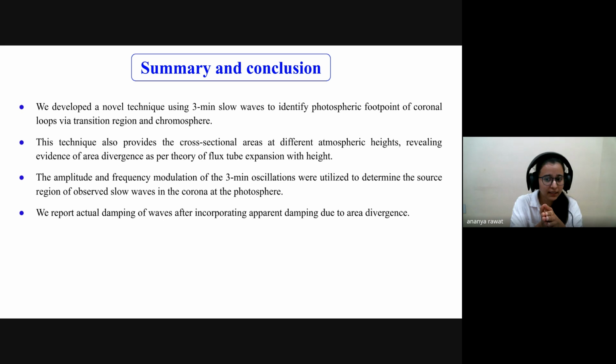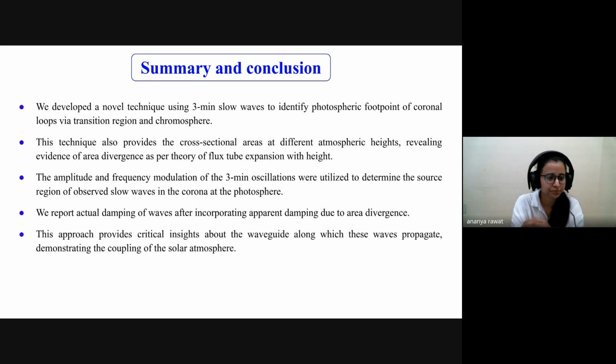After incorporating the area divergence on this apparent damping, we determined that a significant amount of energy is not lost by the wave, but is just getting redistributed, which is a geometric effect. So after incorporating the area divergence effect, we determine the actual damping of waves from the photosphere to the corona along these isolated resolved individual loops.